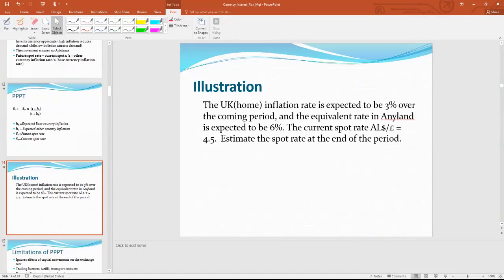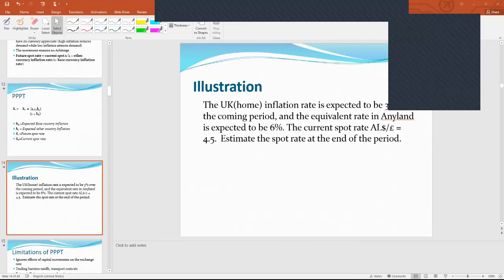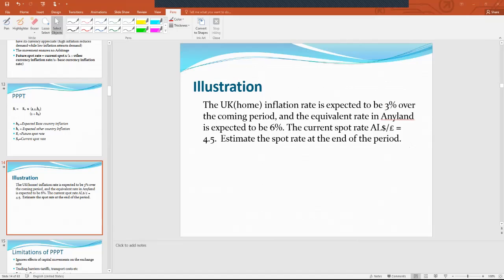Okay, I have an example here. I got 4.63. Okay, great. But we can now determine the quotation.